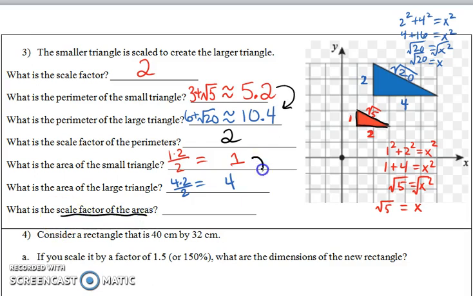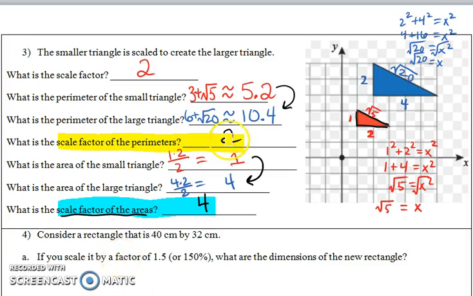So now it's asking, well, what's the scale factor of the areas? Well, for the area, we went from 1 to 4. So we actually multiplied the smaller red triangle's area by a scale factor of 4. Now this is interesting. The scale factor for the area was 4, while the scale factor of the perimeters was just 2. The reason this is happening is because when we scale area, area is units squared.